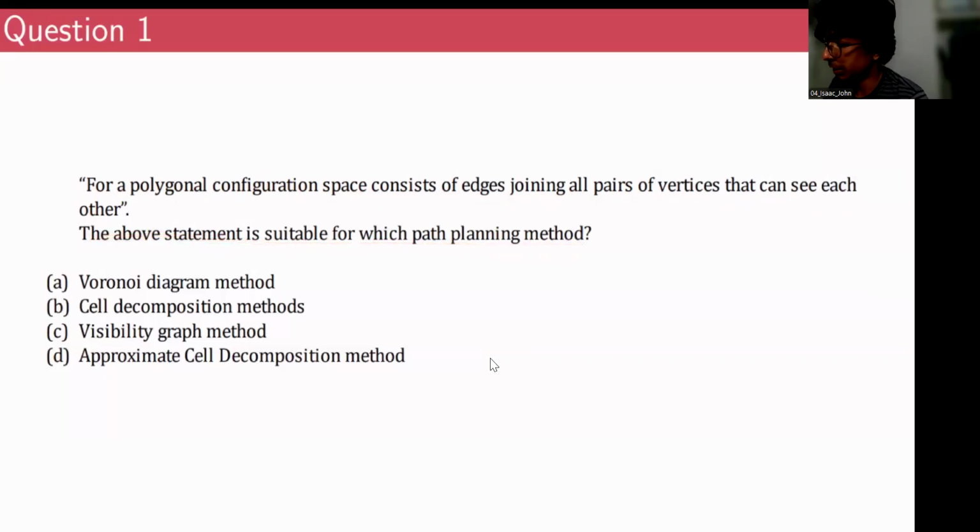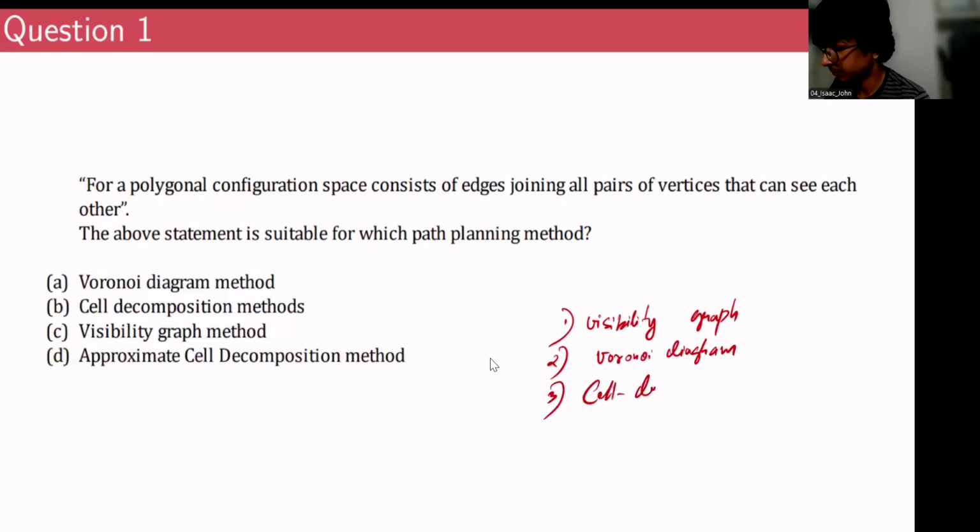If you can recall the summary of all the graph construction methods, we have seen the visibility graph, the Voronoi diagram, the cell decomposition method, and a fourth method called the approximated cell decomposition method.